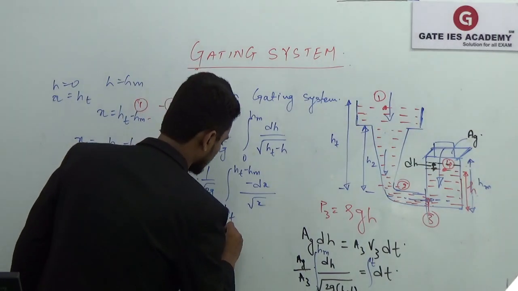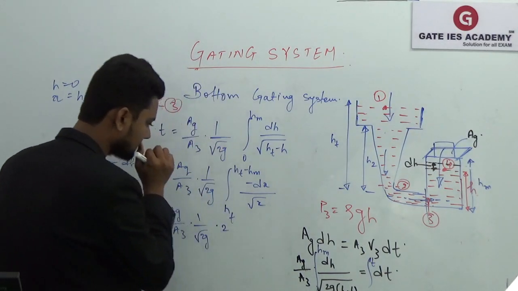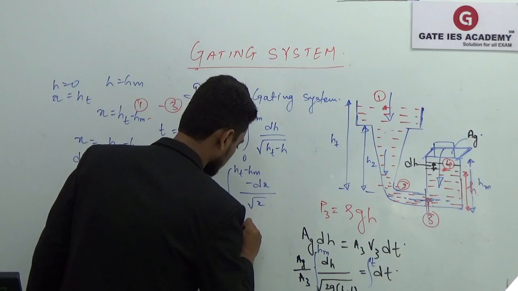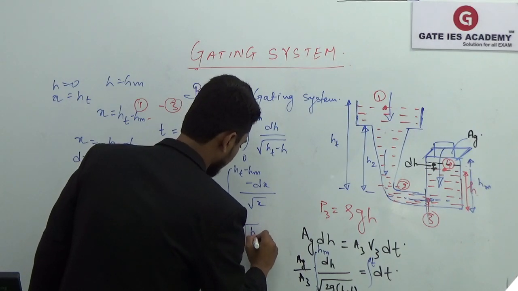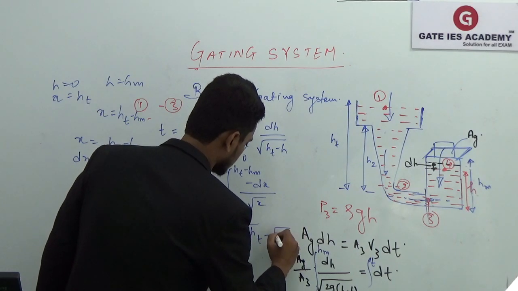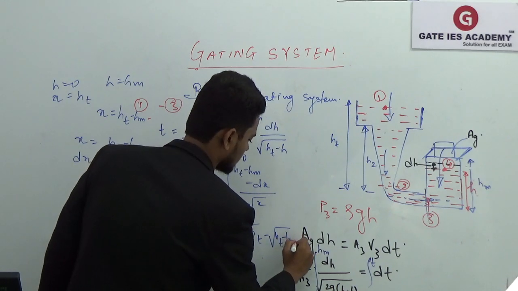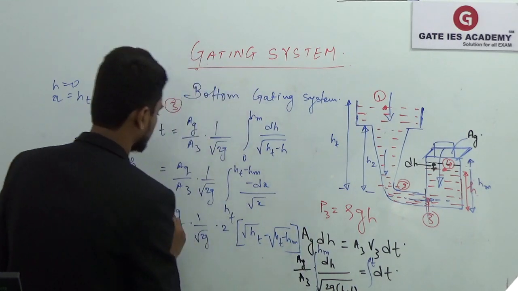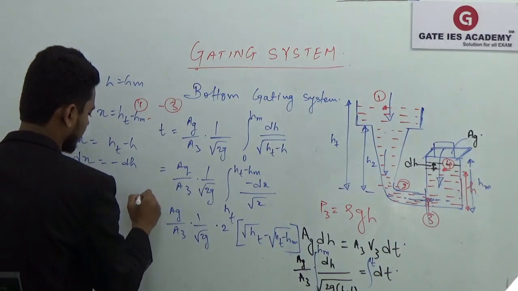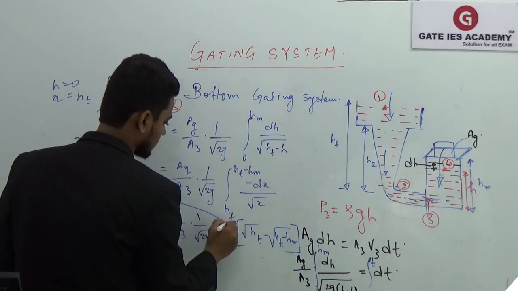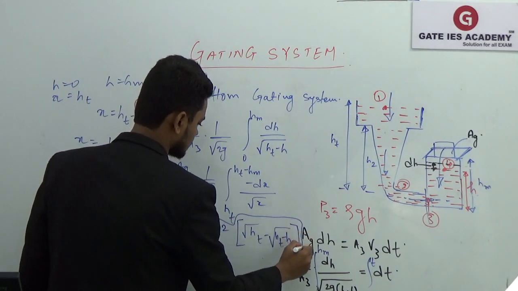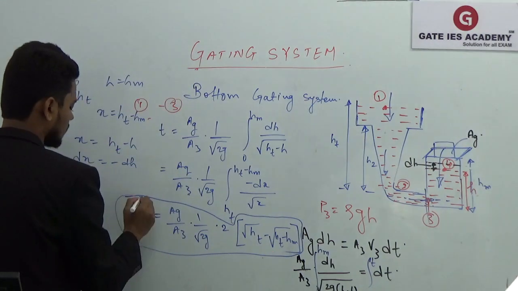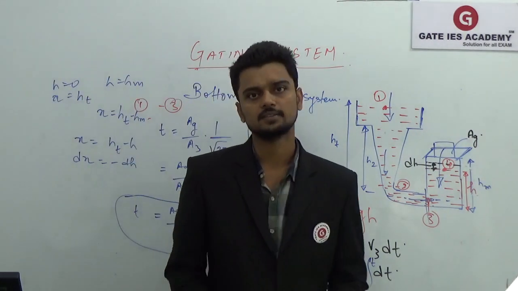Okay, so it will be into 2 into the square root of Ht minus square root of Ht minus Hm. So this will be your pouring time. So this is the pouring time in case of the bottom gating system.